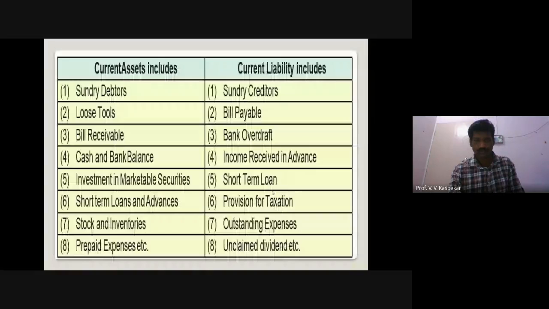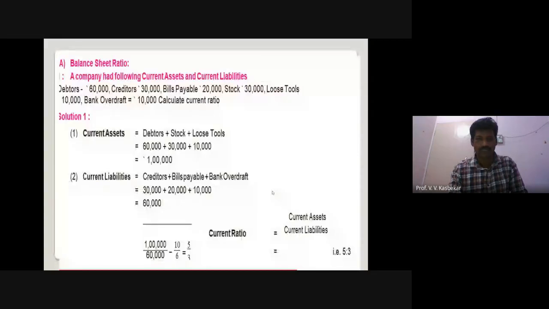We know current ratio is current assets divided by current liabilities. So current assets are 1 lakh divided by 60,000. So it will be 10 upon 6, that means 5 upon 3. So the current ratio will be 5:3 in this example.